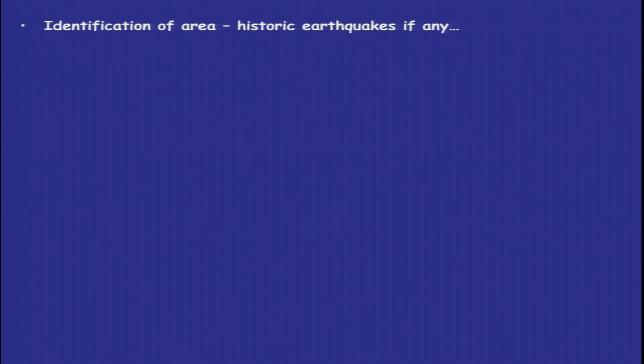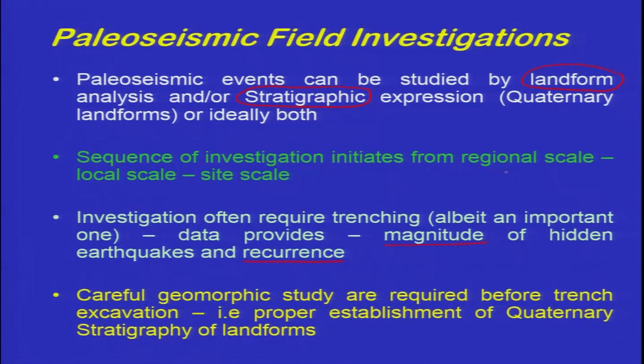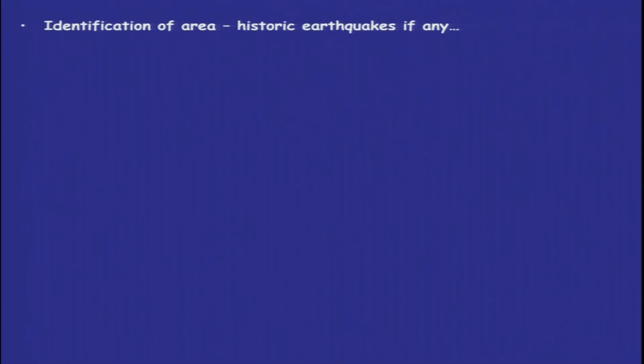First step is the identification of the area, and then any particular area. So we are moving from global to regional and to a site-specific one. If we have to take into consideration the local site or the site at the local scale of our interest, then the first step we will do is look for the historical data, if any, of that area, and then we will have a broad understanding of the geological structure.